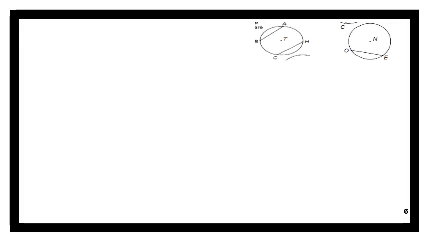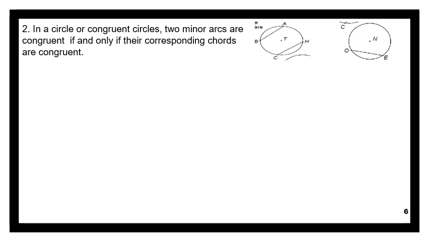Theorem number 2. In a circle or congruent circles, two minor arcs are congruent if and only if their corresponding chords are congruent. Whereas the first theorem says two minor arcs are congruent if their corresponding angles are congruent, here we are looking at the chords.